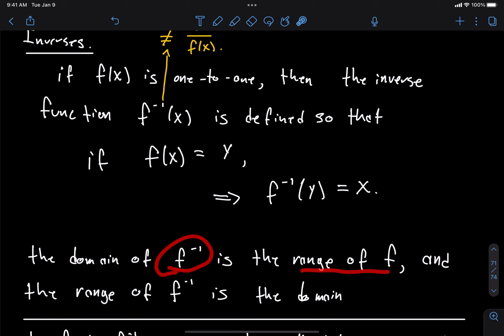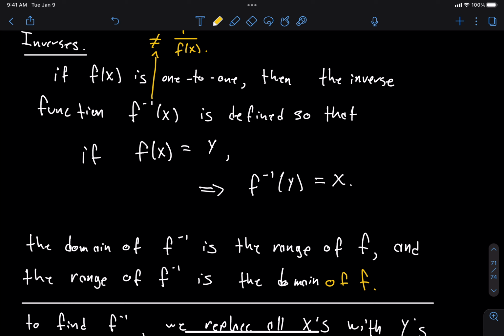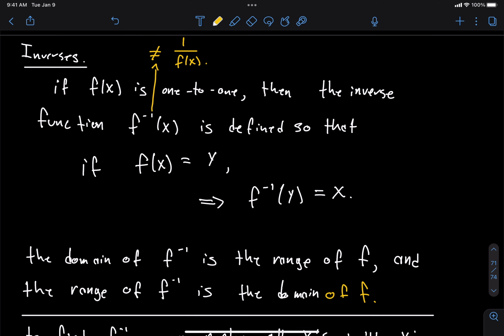And vice versa, right? The range of f inverse is going to be the domain of the original function. Okay, so that is the domain and range of an inverse function.